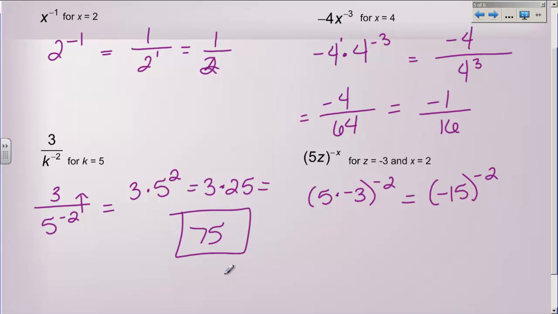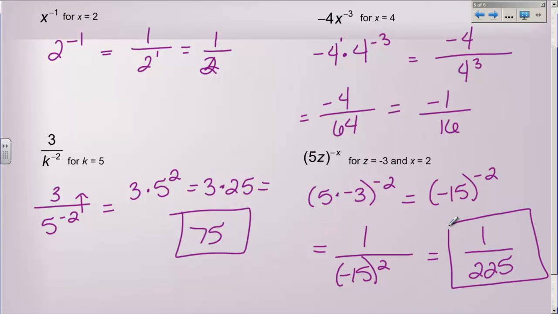But first I've got to do this negative exponent, so I have to rewrite this as 1 over negative 15 squared. And like I said, this means negative 15 times negative 15, which happens to be positive 225. So there's your simplified expression. You had to make sure that you kept up with your parentheses and your negatives.